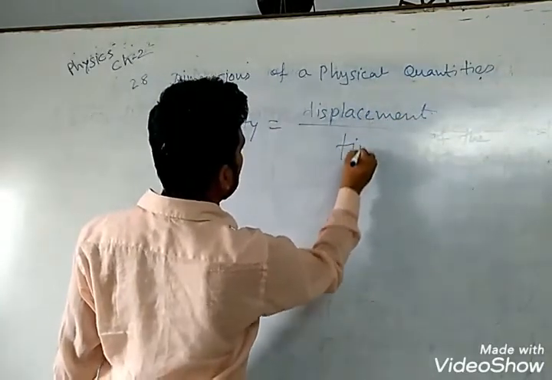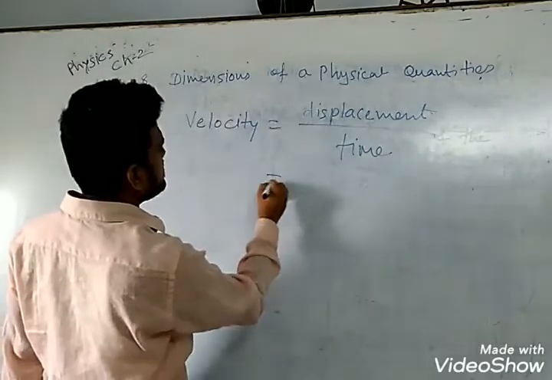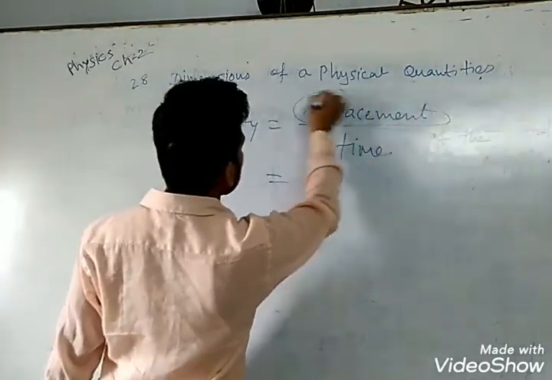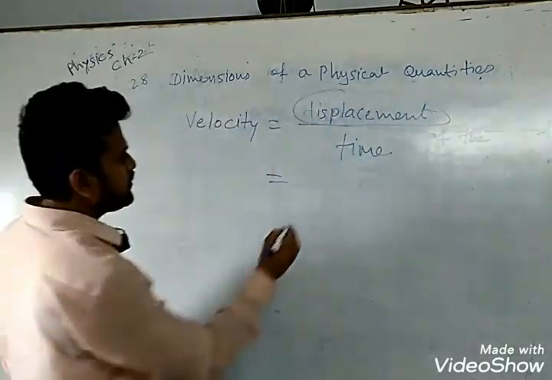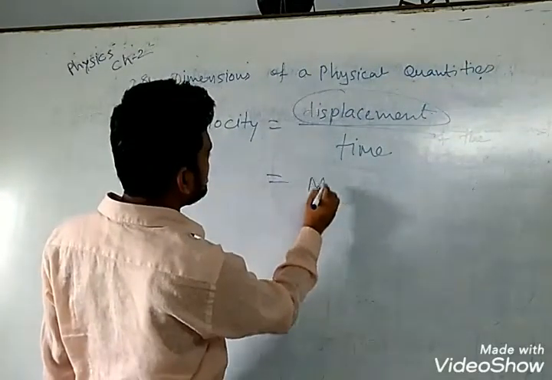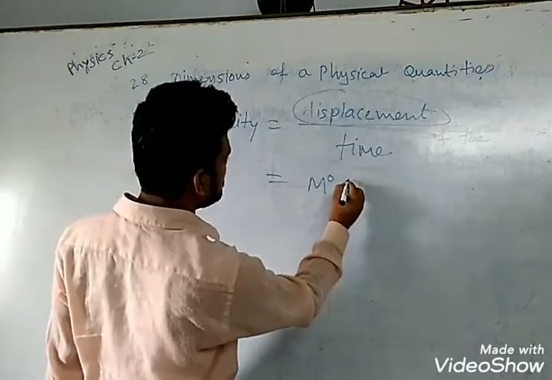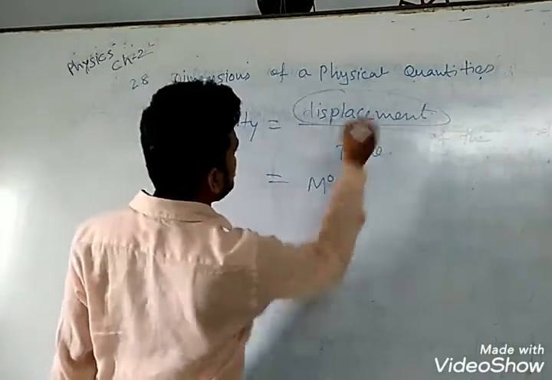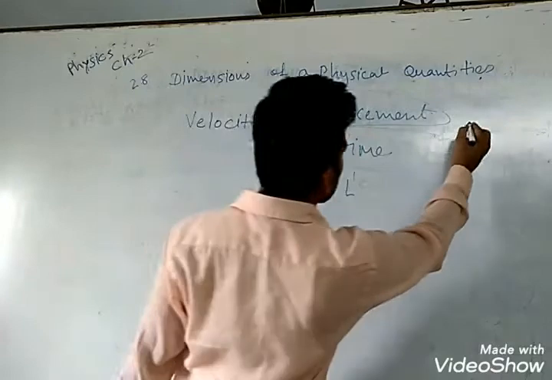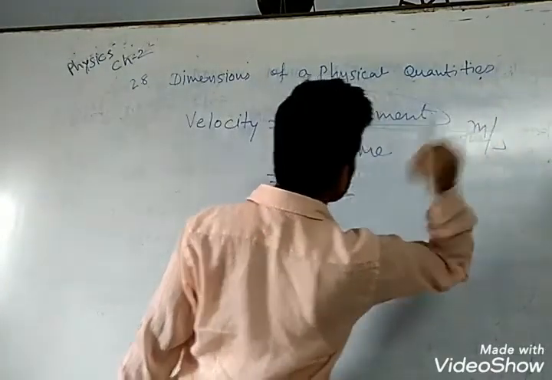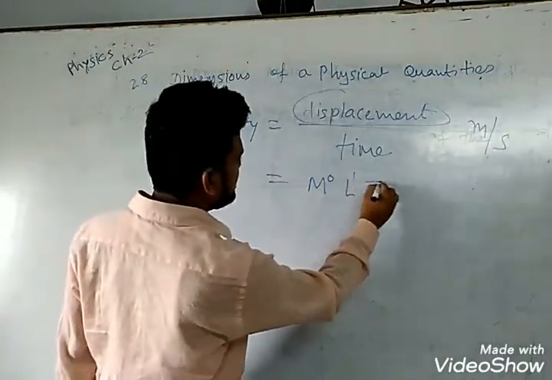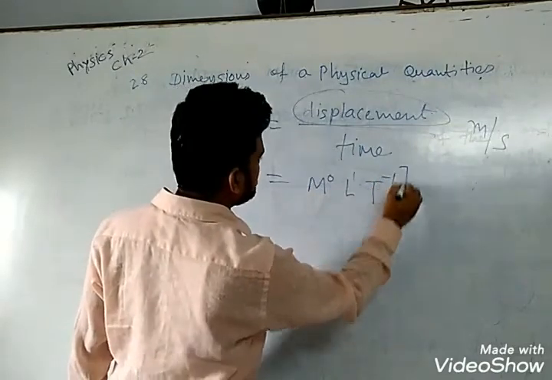Displacement is one type of length. So for mass, 0; L is displacement, 1; and T minus 1.